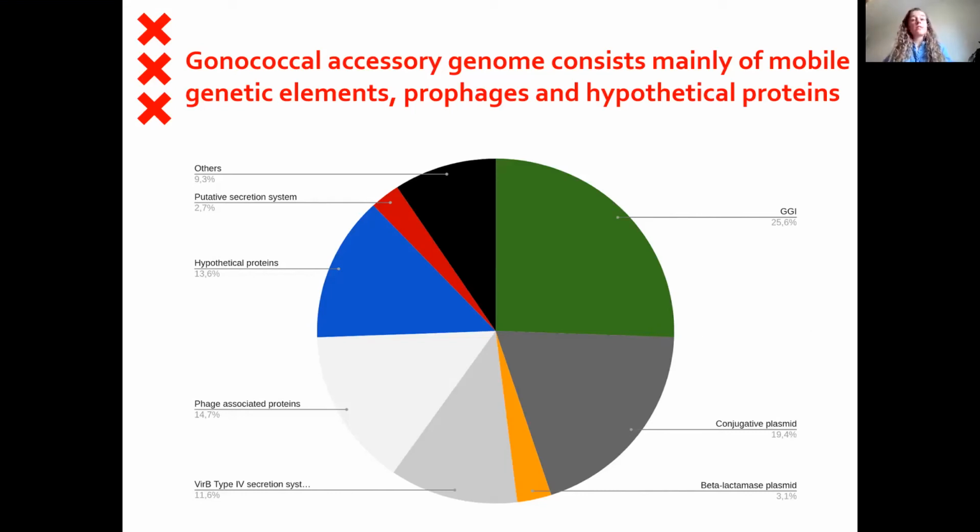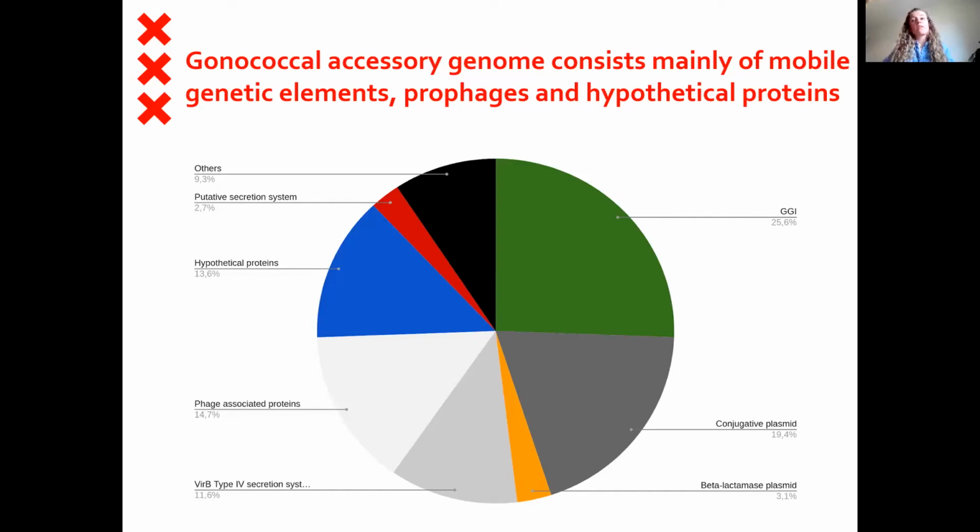And another interesting finding was that also a major part of the accessory genome consisted of phage-associated proteins and hypothetical proteins. And of course, hypothetical proteins are difficult to interpret because we don't know what they do or what they mean. And then we still had some genes with other functions that were also part of the accessory genome.